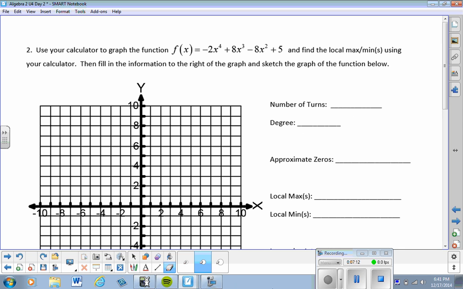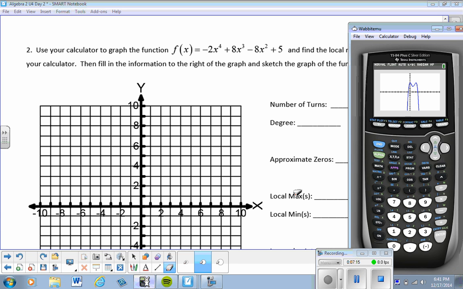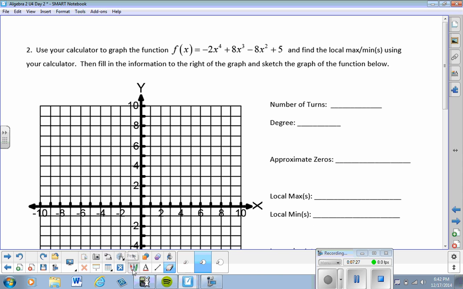So, number of terms. Because this is to the power of 4, there are 3 terms. The degree is 4.